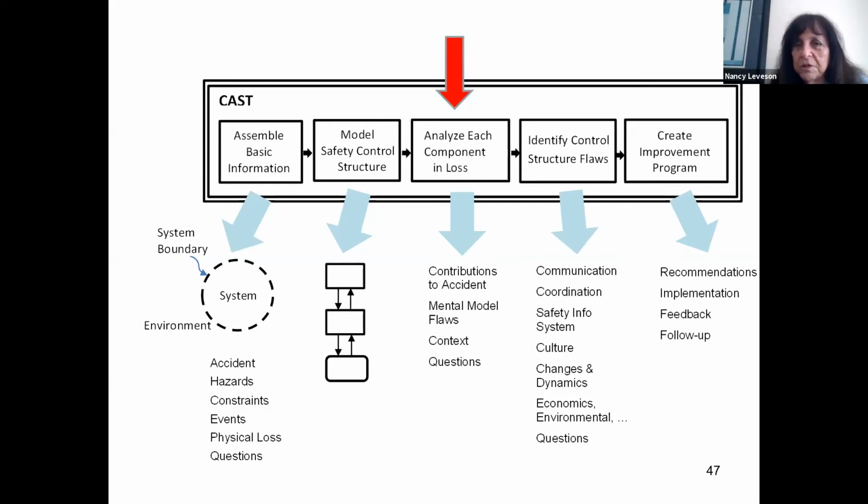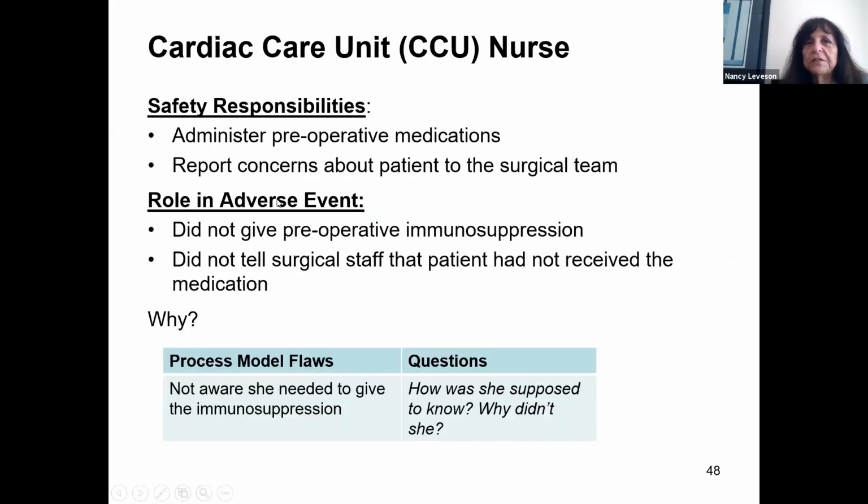And we generate questions that we should be answering later in the investigation. So let's look at these. Was the cardiac care unit nurse, the CCU nurse, responsible for administering preoperative medications and reporting any concerns about patients to the surgical team at handoff? What was their role?